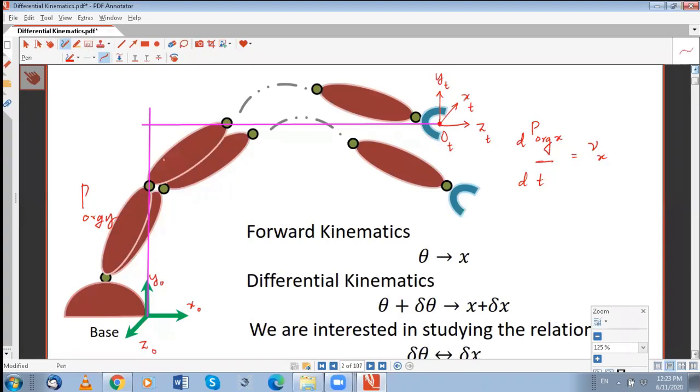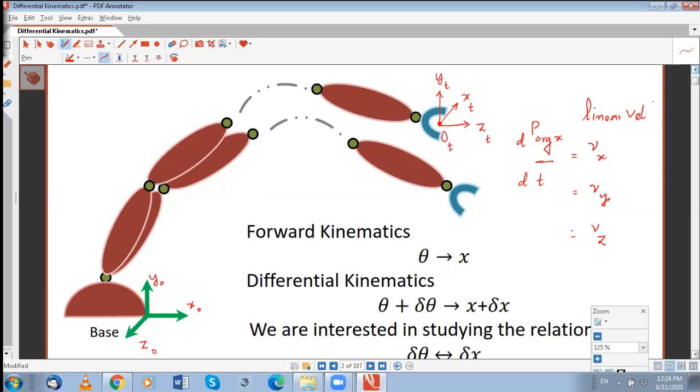The derivative of that will be our vy, and then there will be z, which is how much you move along this z, out of the page. Sometimes just think of the arm as coming towards you, and that will be z. It's not that one velocity exists at a time and the others are zero. There might be a velocity vector which has these three components. These are Cartesian components. These are linear velocities.